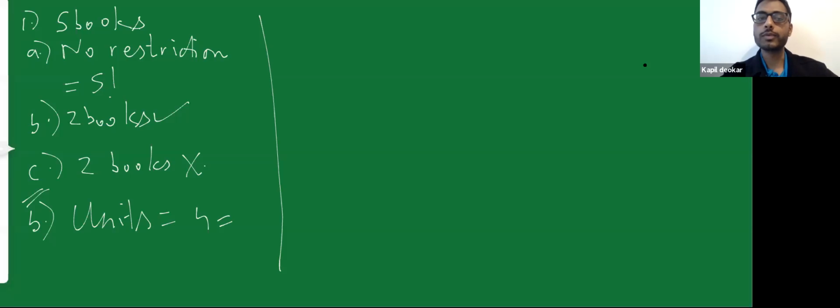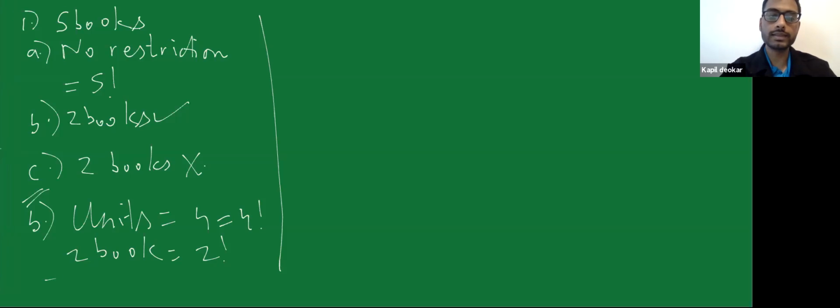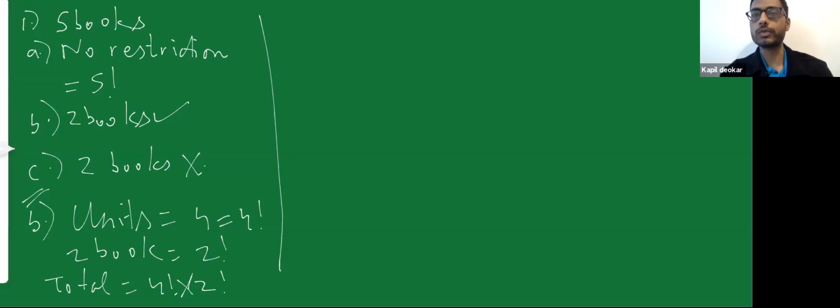Most answer that I got was 3 factorial. But there will be 4 units which can be arranged in 4 factorial ways. And then those 2 books can be interchanged, or they can be arranged in 2 ways amongst themselves. So the correct answer is 4 factorial into 2 factorial and not 3 factorial into 2 factorial.